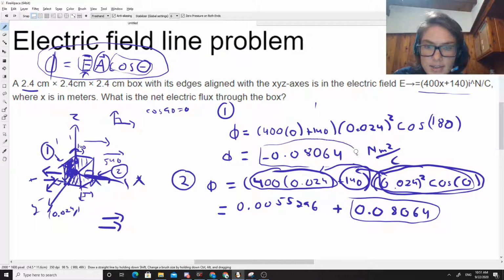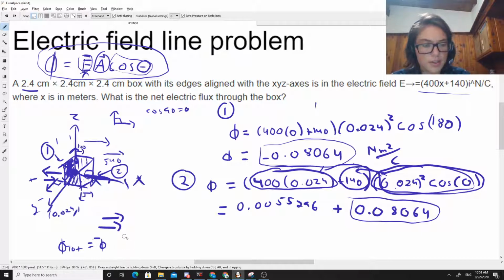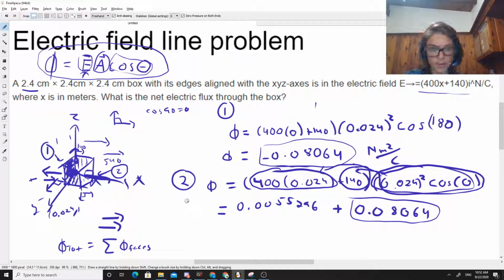And that's nice, because when we're solving for the total electric flux through the cube, that's just equal to the sum of the electric flux through each of the faces. Here, I'll write this out nicely. So let's add the faces we have electric flux for up.